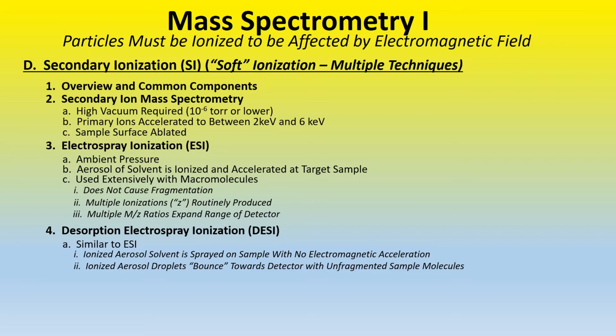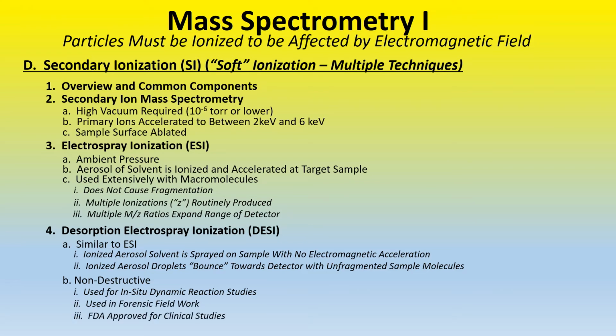In this case, it is very gentle, and you have zero fragmentation of your sample. As mentioned, it's non-destructive. It is widely used. It can be used for in situ dynamic studies. It is also used, since it operates under ambient pressure, for field work in forensics, and is FDA approved for clinical studies.